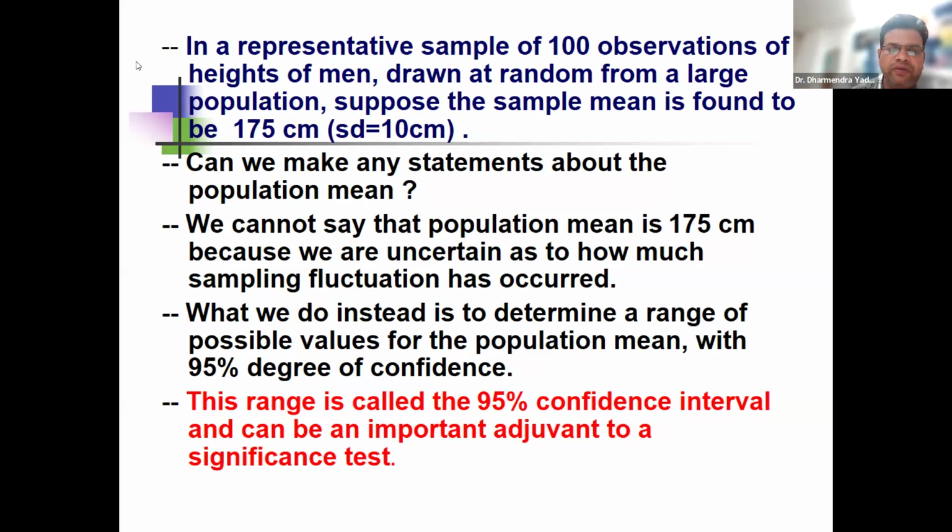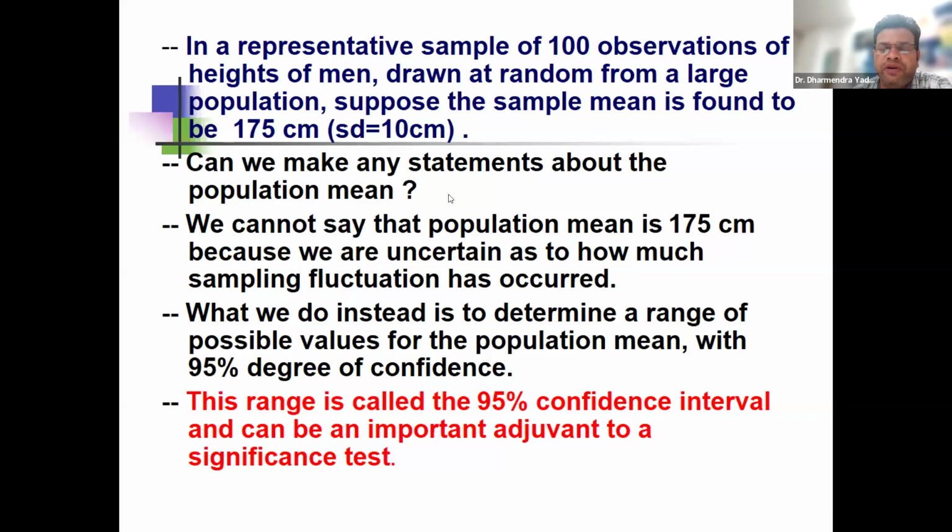So here we will find out the confidence interval for the mean. This range is called the 95% confidence interval and can be an important adjuvant to a significance test. So now we have to find the confidence interval of the mean for the whole population.